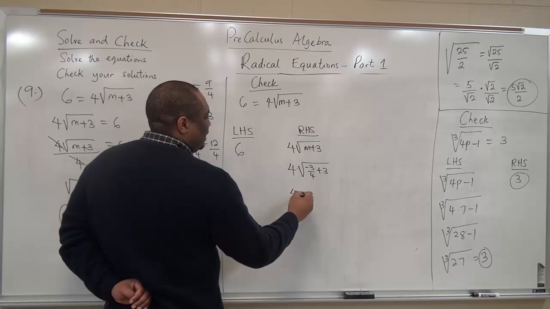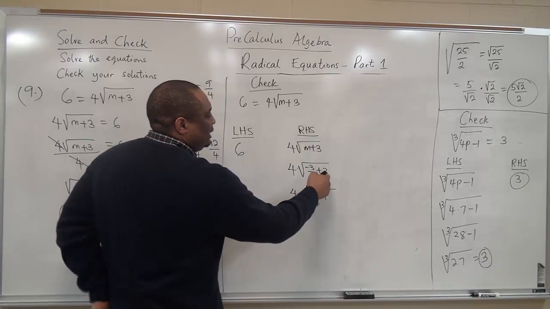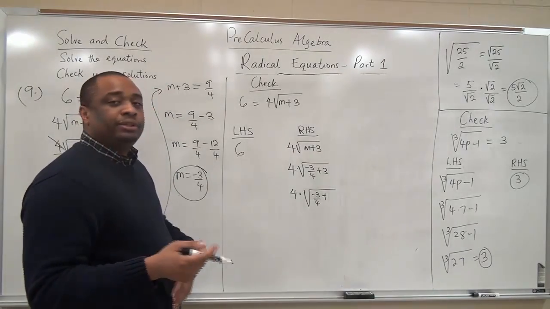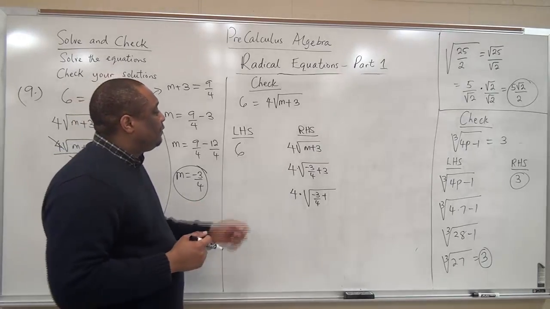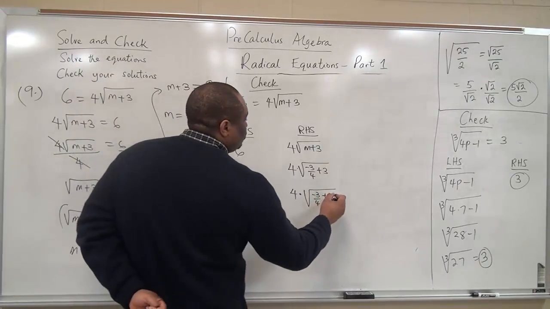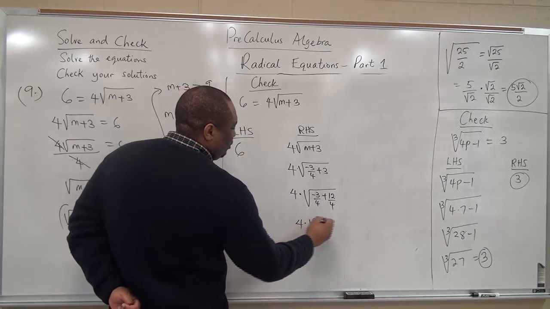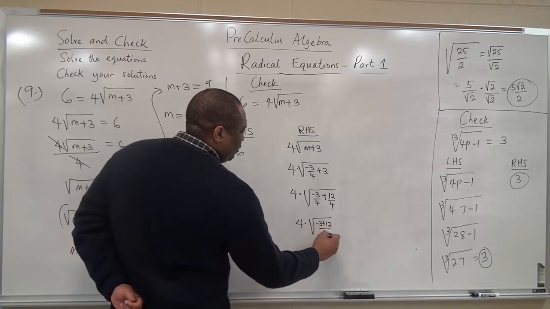So this is 4 times square root of negative 3 over 4 plus 3, and this 3 means 3 over 1. It's a fraction, make it a fraction and make it have the same denominator as 4. So this will be 12 over 4. So this will be 4 times square root of negative 3 plus 12 over 4.